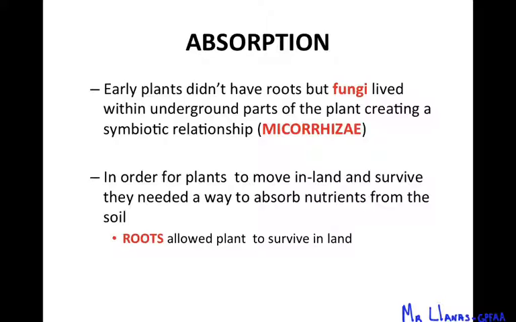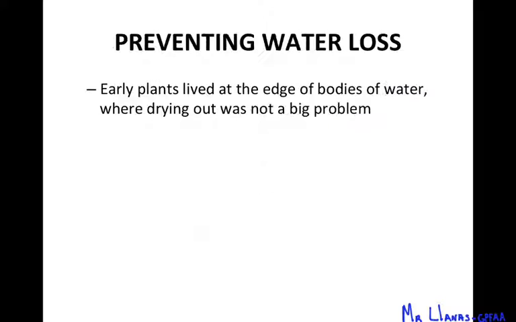Okay, they also developed root hairs, and they developed roots, which is the main adaptation, right? So roots allow them to survive farther away from the water, because now they can actually anchor themselves and absorb nutrients from the soil if the root can go deep enough and spread over a long area. And if it rains there, it's able to absorb those nutrients.